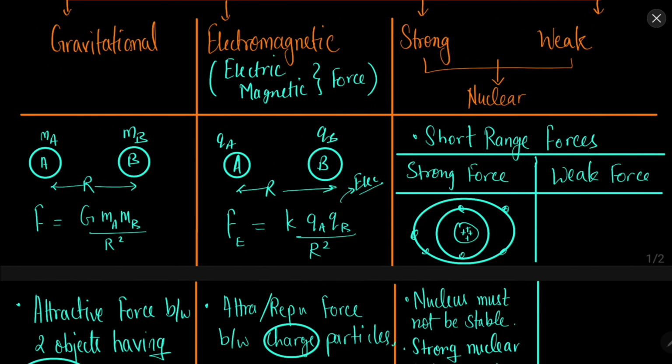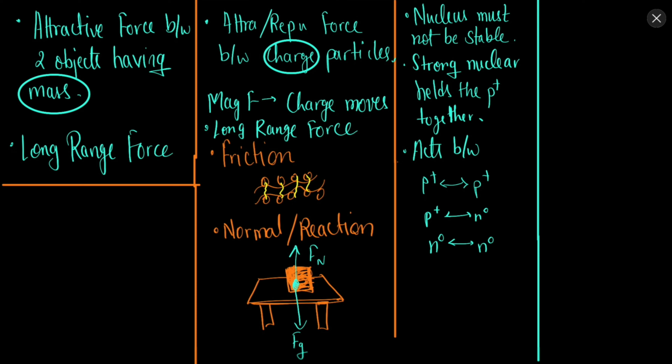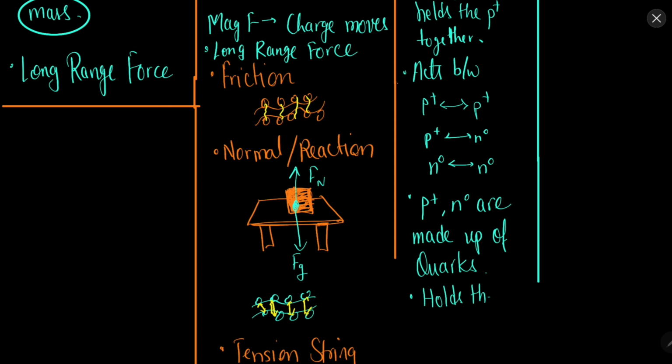Otherwise the protons would have flown apart because of the repulsion. So the strong nuclear force holds the protons together, and also protons and neutrons are made up of smaller particles called quarks. So the strong nuclear force also holds the quarks together and makes protons and neutrons.